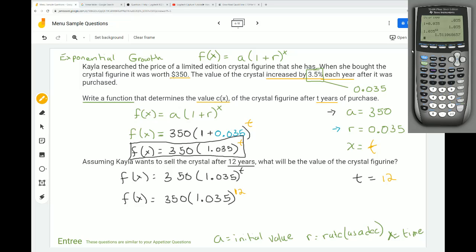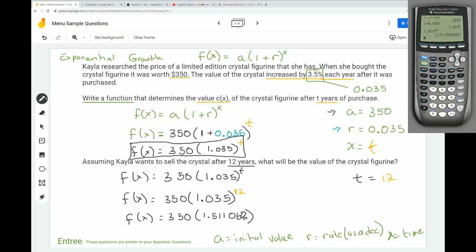That gives us this long number. So we're going to write some of this in. So the function of x is equal to 350 times 1.511068. I'll write just that amount for now. And now we multiply.